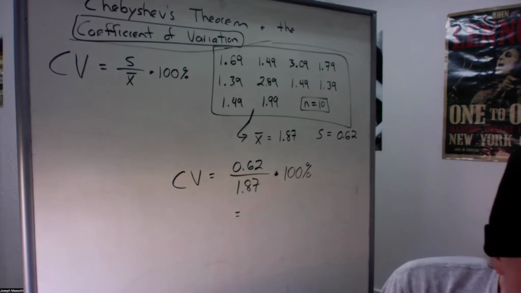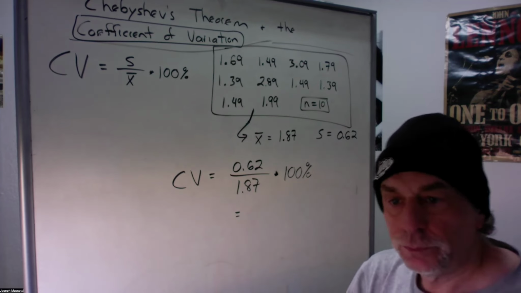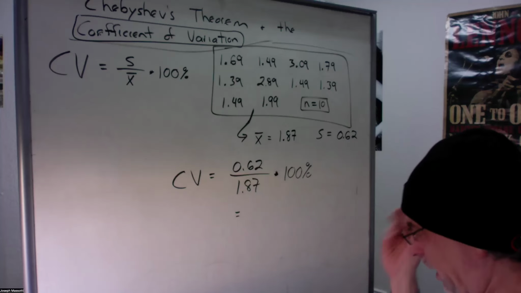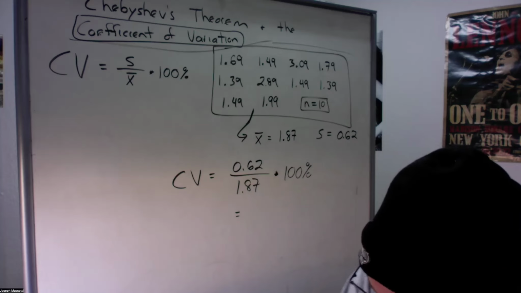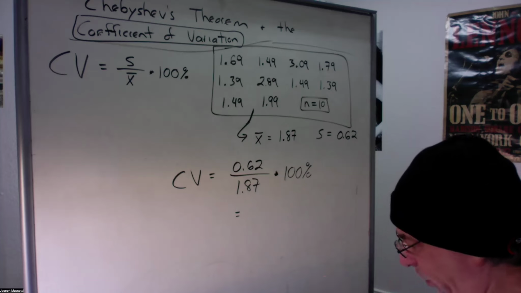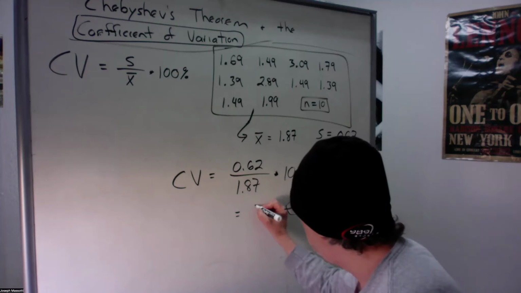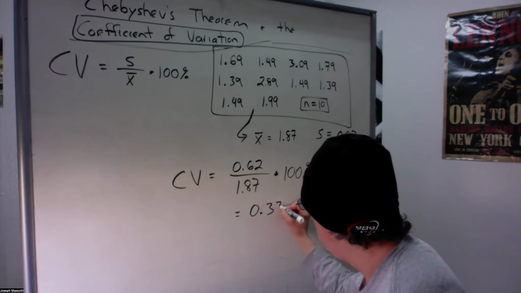So we plug that into our calculator, and we say 0.62 divided by 1.87. That's going to leave us with 0.332 if we round to 3 decimals.